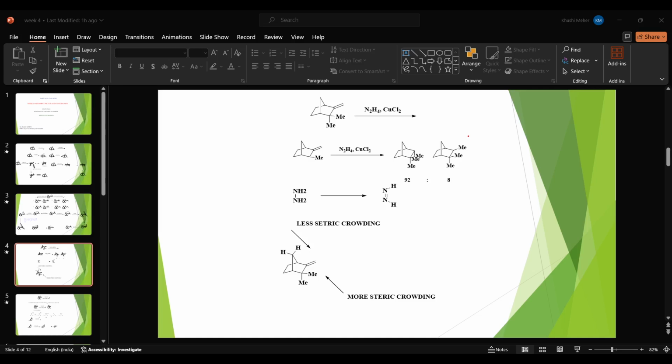Okay, then you will go and check. These are not from our question, but you should check. You are saying whether all stereo centers are chiral centers or not, or whether all chiral centers are stereo centers or not.